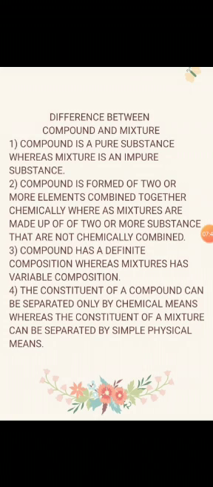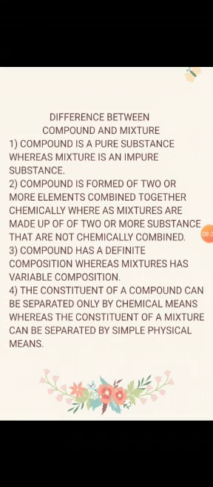A compound is formed of 2 or more elements combined together chemically, whereas mixtures are made up of 2 or more substances that are not chemically combined. When water is formed by hydrogen and oxygen, they are chemically combined. That's why they cannot be easily broken into constituents again. Whereas mixtures are made up of 2 or more substances that are not chemically combined.